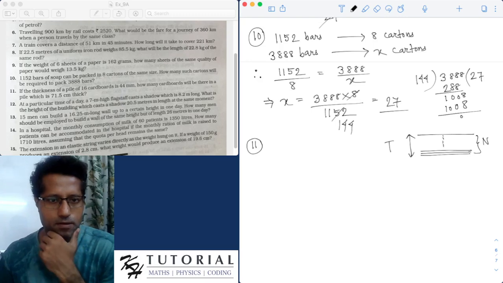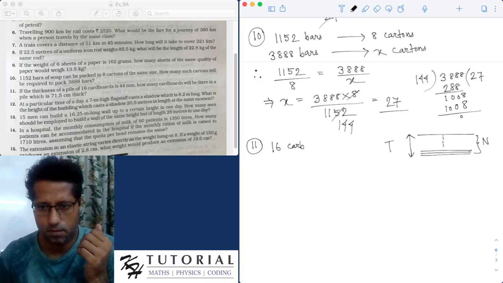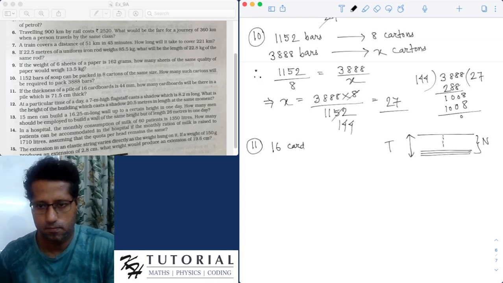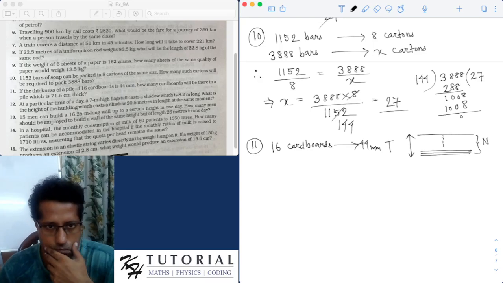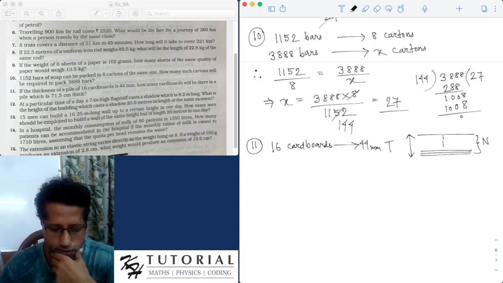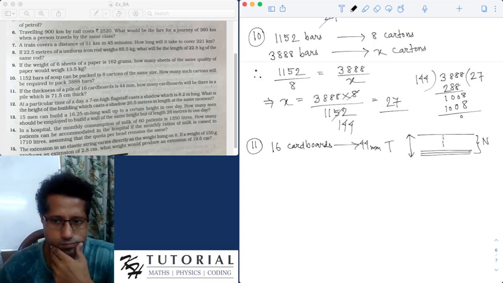So the fact given is that 16 cardboards have a thickness of 44 millimeter. You have to be very careful with the units. Whenever you work with a ratio, you always convert both the terms of the ratio into the same unit.